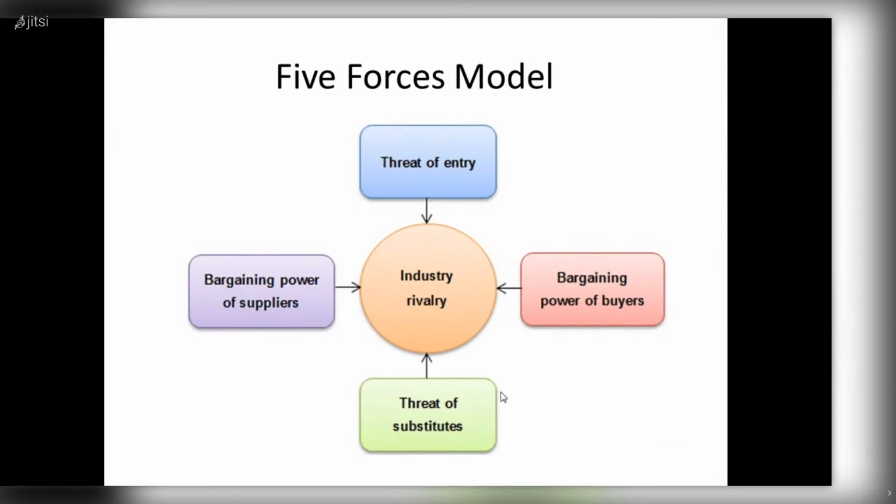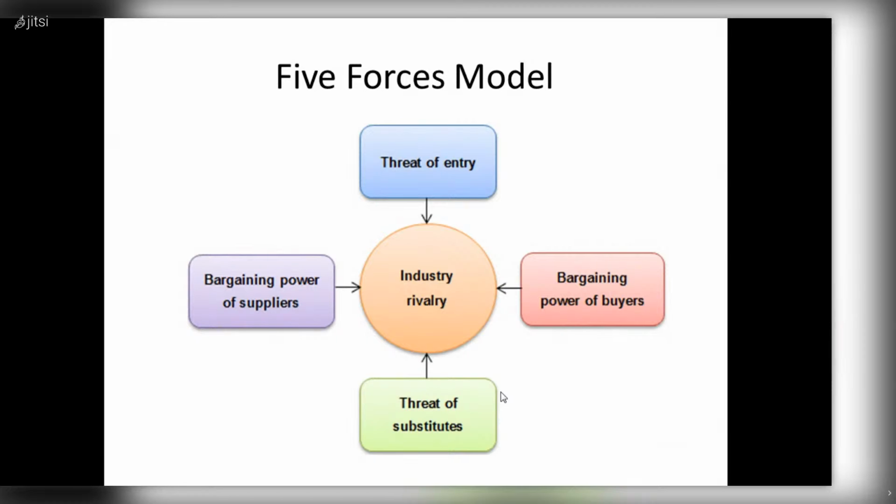An industry with low barriers to enter, having few buyers and suppliers, but many substitute products and competitors, will be seen as very competitive and not so attractive due to its low profitability.